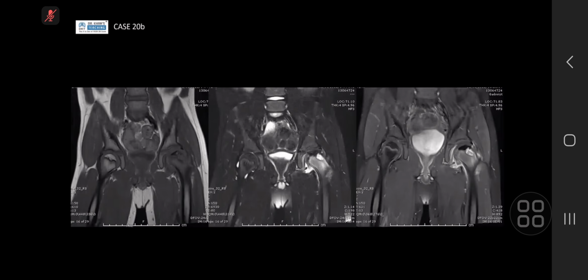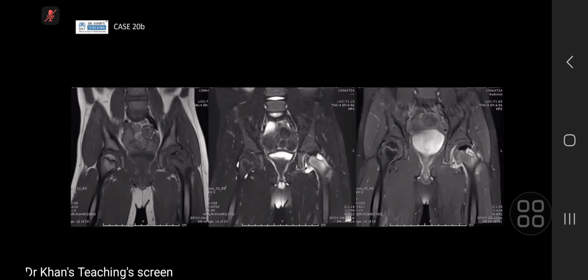On the MR, I see that there is, in the left femoral head, a T2 hyperintense area with surrounding edema. There is also a hypointense line on T1. Are you changing your diagnosis?